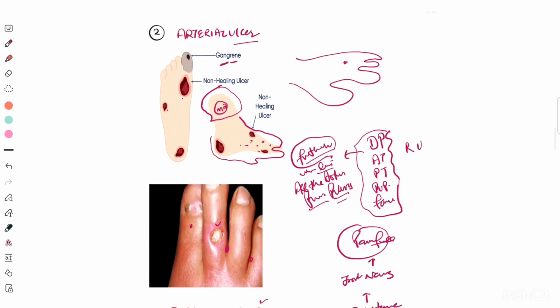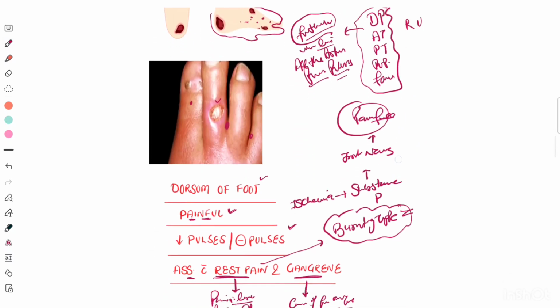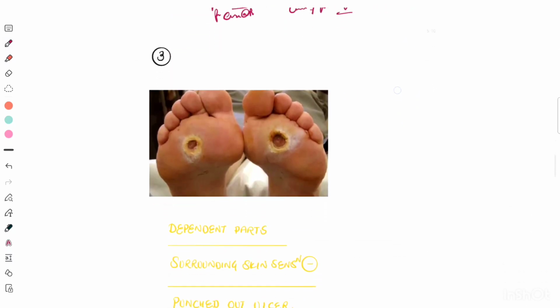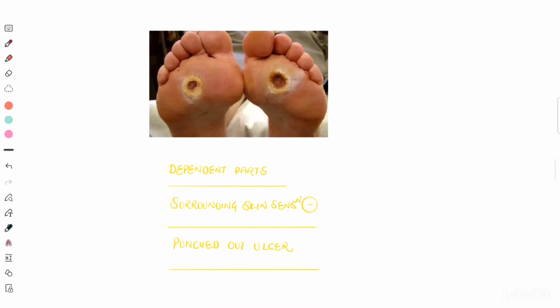So after the venous ulcer, we have completed the arterial ulcer. Now we are moving to the third type of ulcer, where you can see this type of ulcer. Like this type, you have punched out tissue. Punched out means the edges of this ulcer lie perpendicular to the floor of the ulcer.